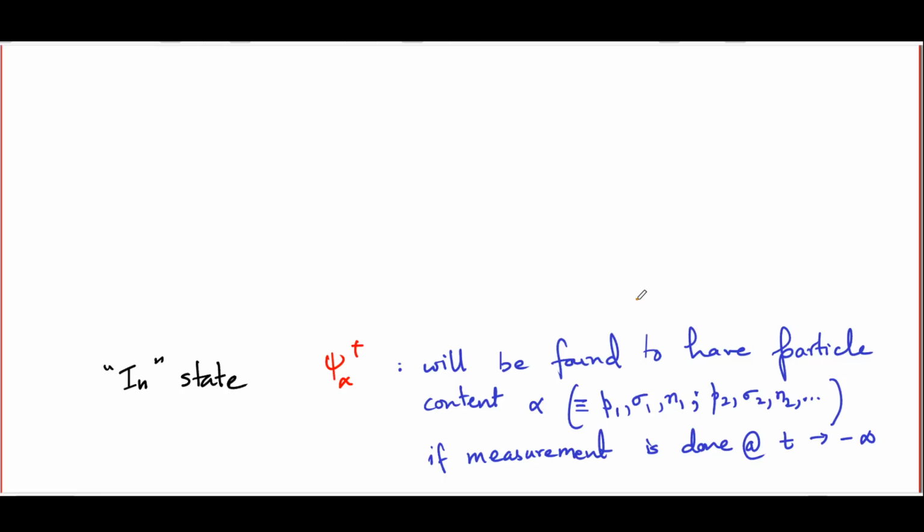First, the in states, denoted by psi plus with a label alpha. Alpha here is a bunch of single particle labels, P1, sigma 1, N1, P2, sigma 2, N2, and so on, where Pi is the four-momentum of the ith particle, sigma i is the spin z component for the ith particle, Ni is a species label for that particle.